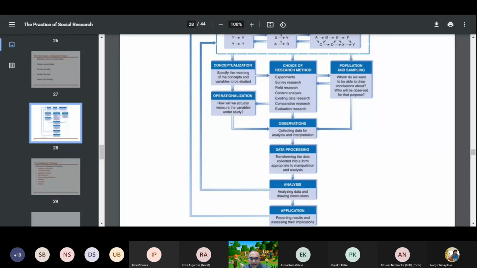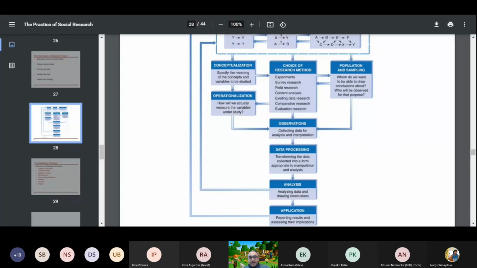That is one thing. The second is the survey. We discussed that. You prepare a questionnaire and ask the people, whether it's a telephone interview, a face-to-face survey, a self-administered survey, or one sent by mail, whatever it is.